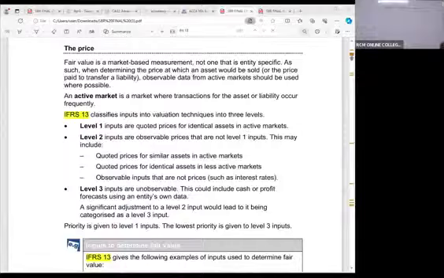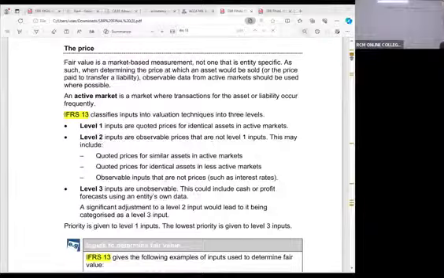So if you are told here as a valuer, coming in as a management accountant, to help value Holy Family Basilica, who sells churches nowadays? You can't tell me that there is a church that has been sold which closely resembles the Holy Family Basilica. No. So this is quite a unique asset. So if it's a unique asset, then you have to use what we call level 3 inputs.